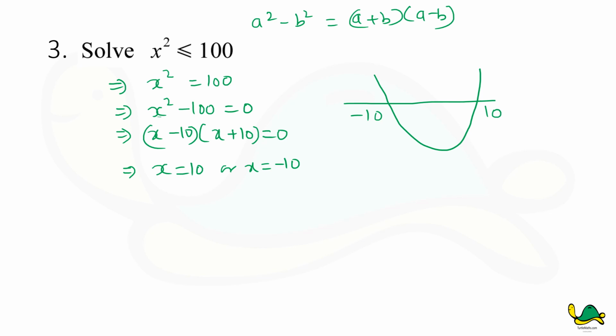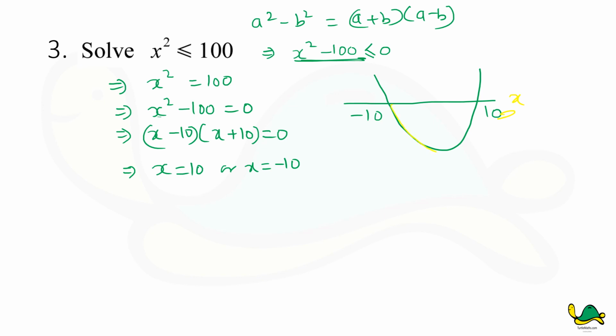And we have to take a region where, if I rewrite this inequality, I can write it as x square minus 100 is less than or equal to 0. So I have to take a region which is below the x-axis. So I have got my x-axis, and I have to take below the x-axis.